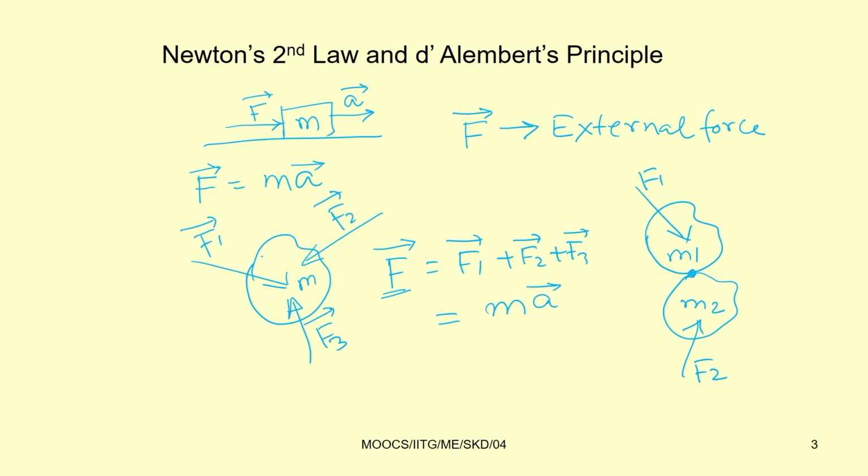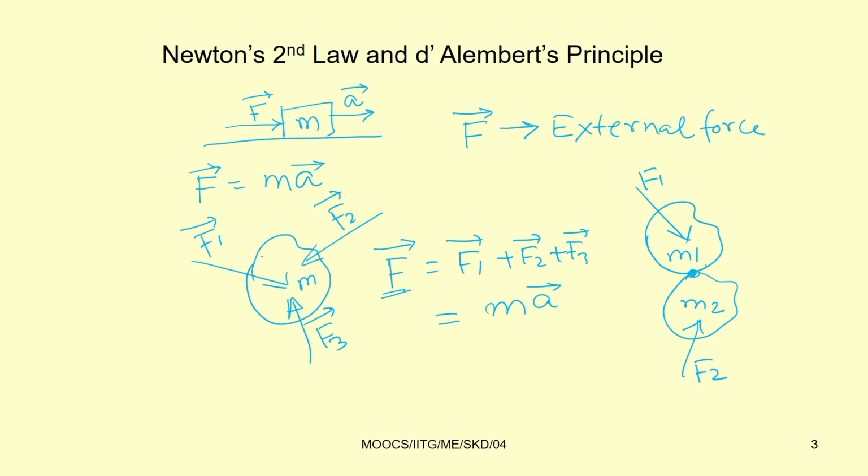In this case, you can observe that at the contact point there is a pair of constraint forces acting on the system. The second mass will exert a force on the first mass, and the first mass will also exert a force on the second mass. If we draw the free body diagram of the first mass, we have F1, the external force, and the constraint force F21, on mass m1.